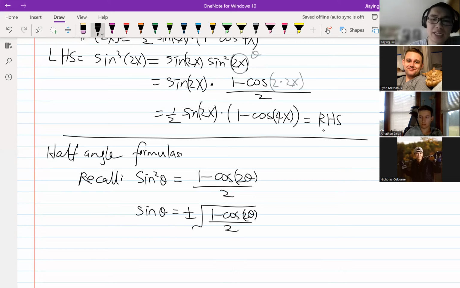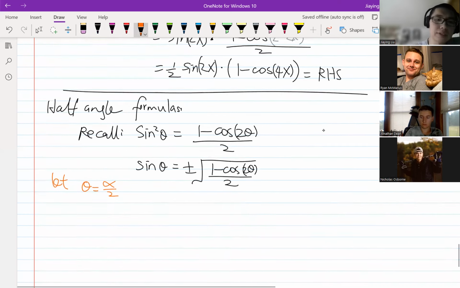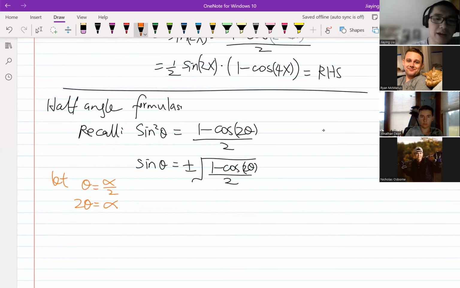But what I'm going to do next is replace. We're going to let theta equal alpha over 2. That means 2 theta equals alpha.